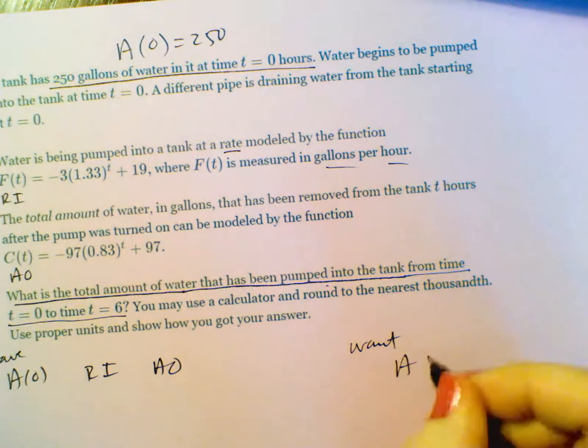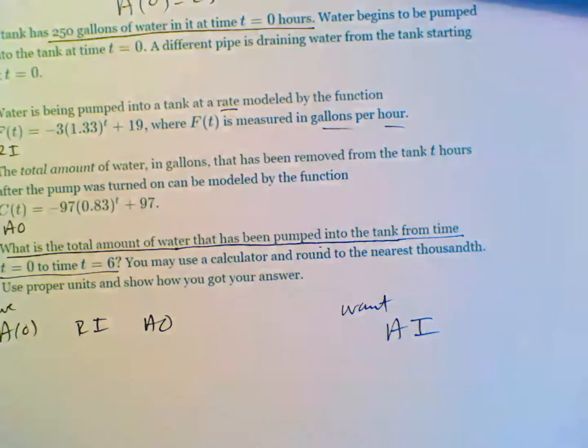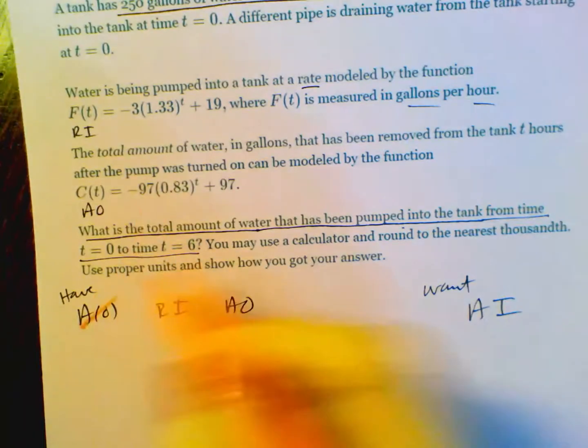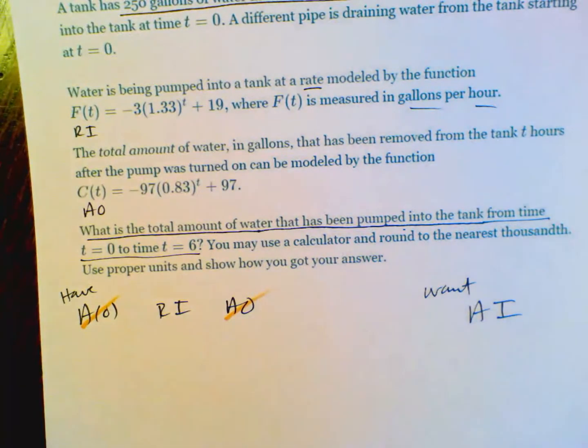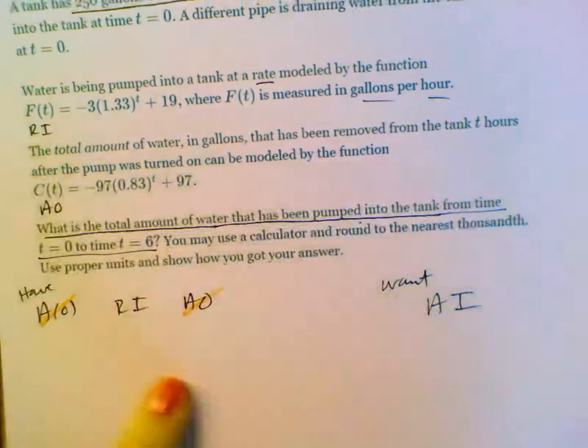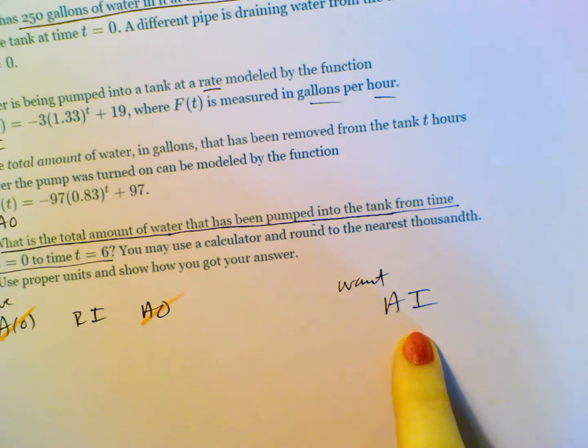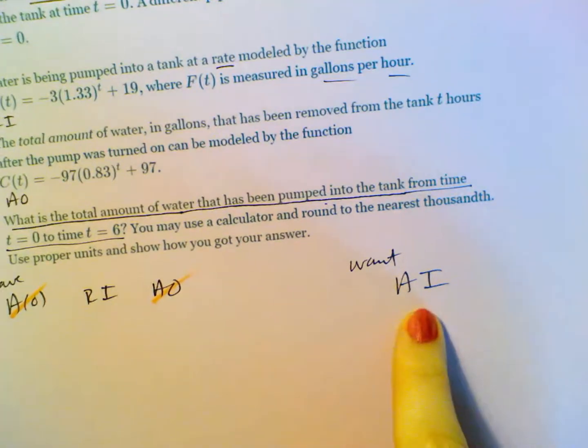So I want the amount that has been pumped in. So guys, I really don't even need this initial amount and the amount that has come out. Those 2 things don't matter, they're just asking what is the total amount of water that has been pumped in. So this is what I want.